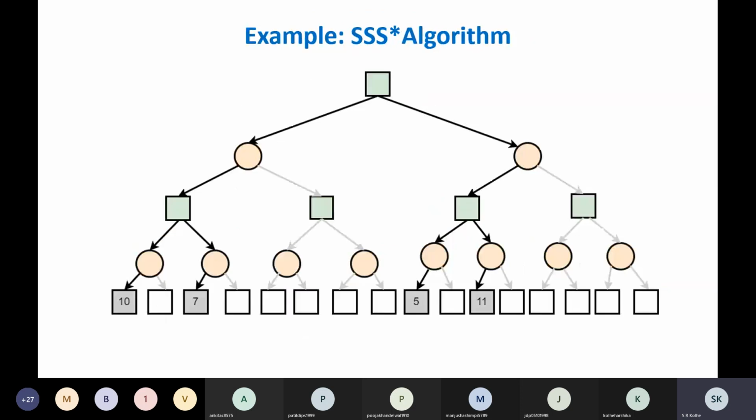So now these are the 4 representative clusters that we are trying to trace for SSS star. After performing step 1, we have arrived at 4 nodes represented by 4 clusters A, B, C and D with corresponding upper bounds 10, 7, 5 and 11.